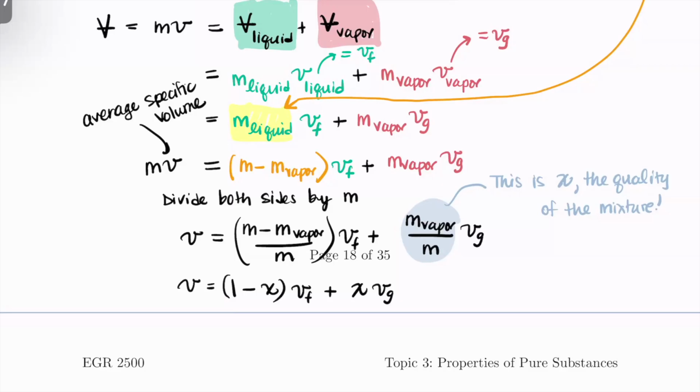Now, this is only for a saturated liquid vapor mixture. Hopefully just the way this equation is written reminds you that quality, so X, is undefined unless you have a mixture, okay?